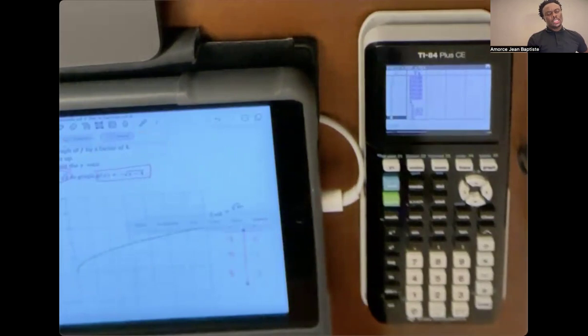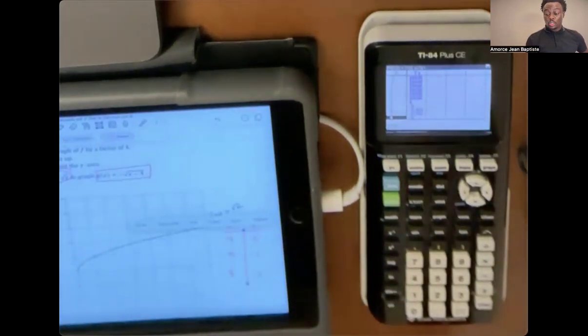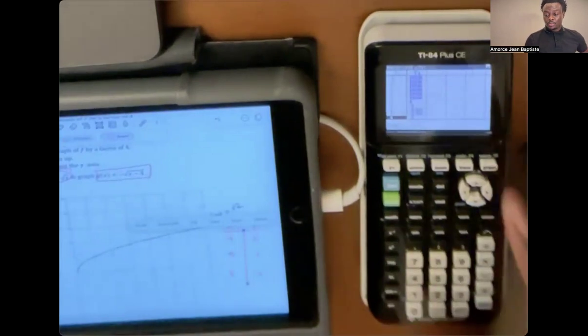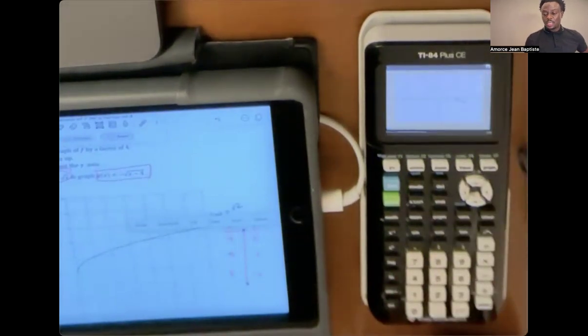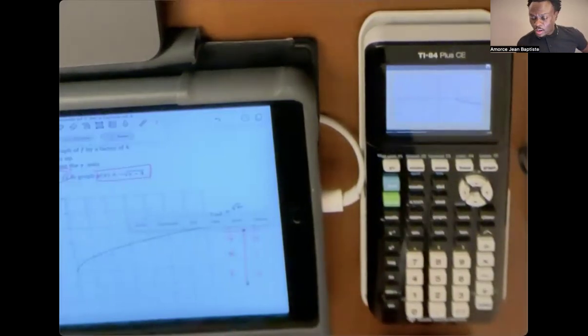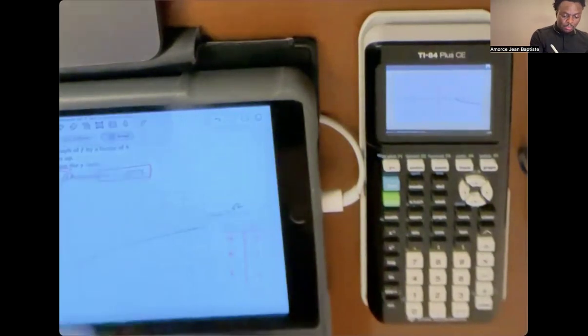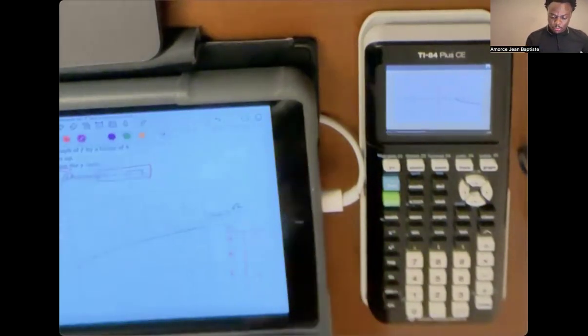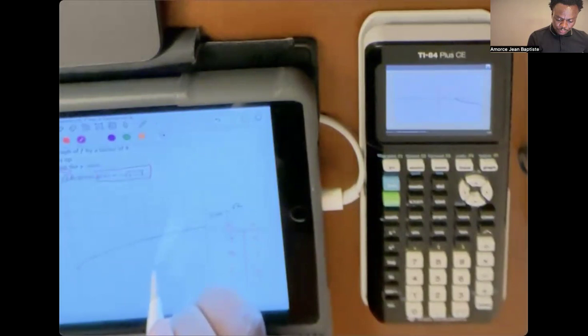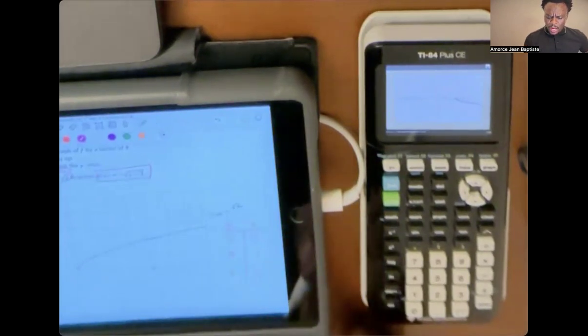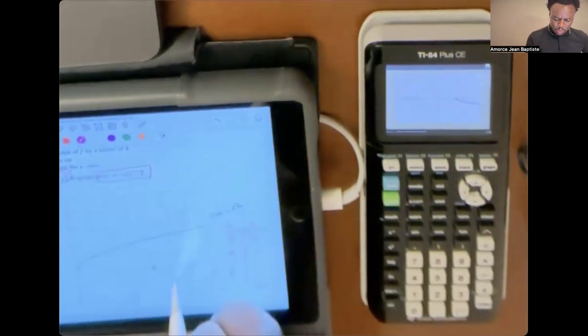But I do want to see the graph just to have a better idea of what I'm going to have. So now I can push the graph button. It gives me my graph, so I can see an idea of what it is. Let me go ahead and plot the points. X equals 4, y equals 0. X equals 5, y equals -1.